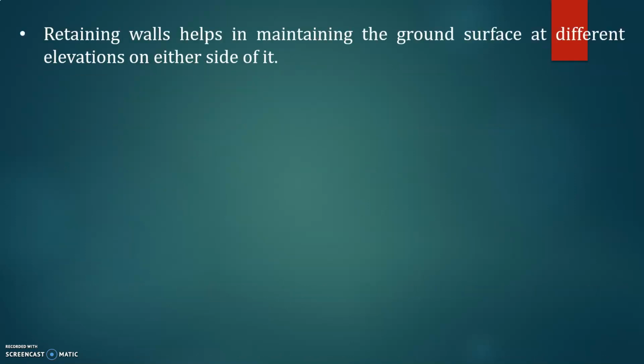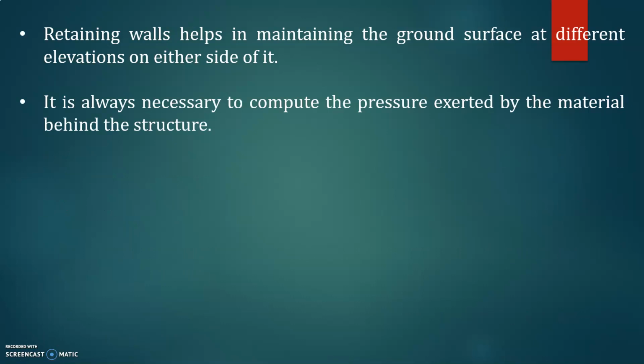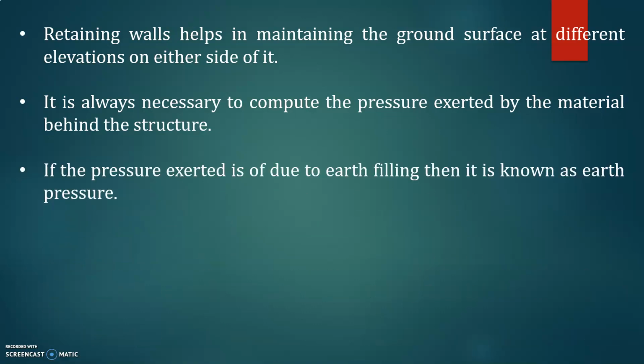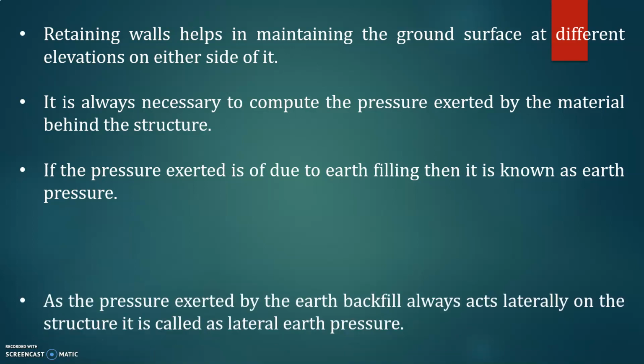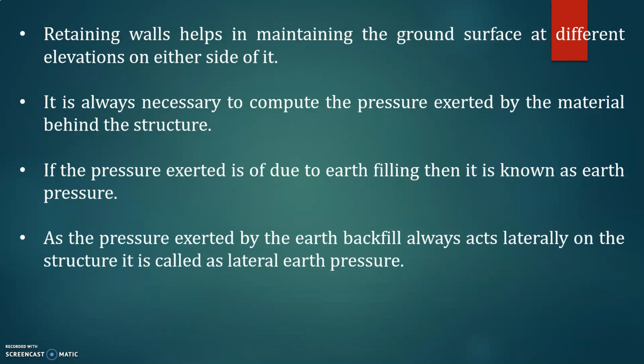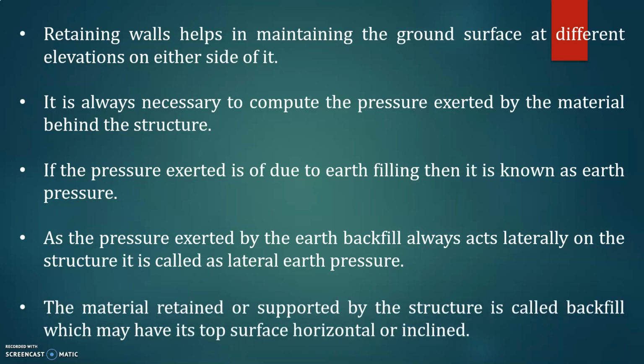So mainly, retaining walls help in maintaining the ground surface at different elevations on either side of them. It is always necessary to compute the pressure exerted by the material behind the structure. If the pressure exerted is due to earth filling, then it is known as earth pressure. As the pressure exerted by the earth backfill always acts laterally on the structure, it is called lateral earth pressure.